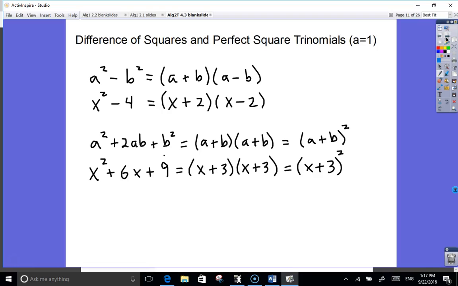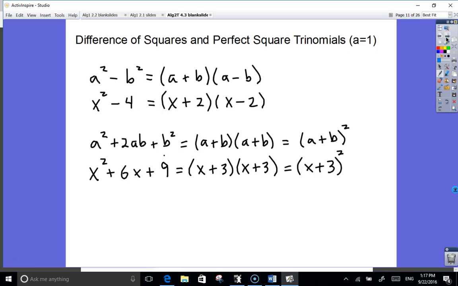So x squared minus 4 is x plus 2 times x minus 2. It gets a little more complicated when a does not equal 1, but we're not doing that today. At this point, they're all going to be just 1x squared, so you just have to think of the square root of whatever's on that side.